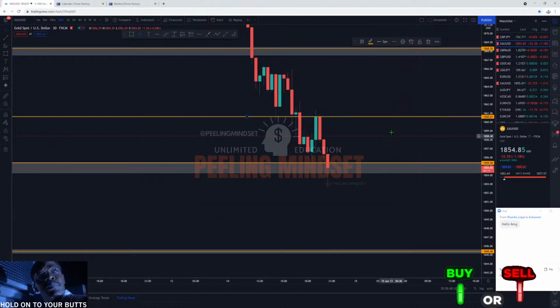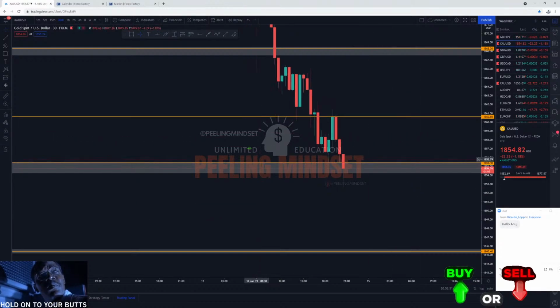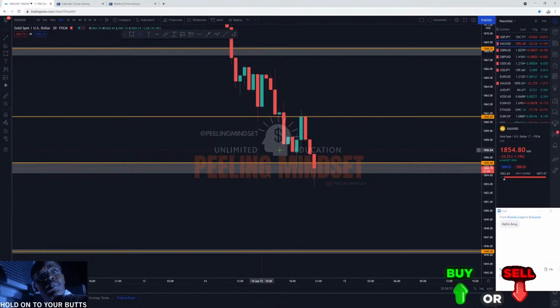And if 1856.60 is the recent support level in the 30 minute time frame, and prices start closing above 1856.60, maybe the chances for sell are getting lower and lower. That way we can build bias for buys. But until then, we have to wait a little bit.